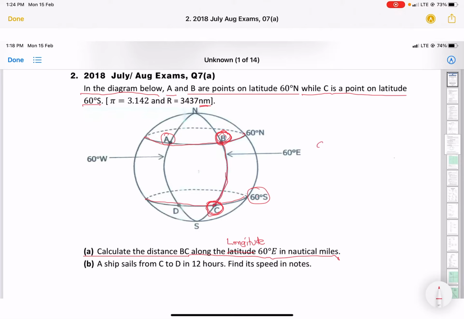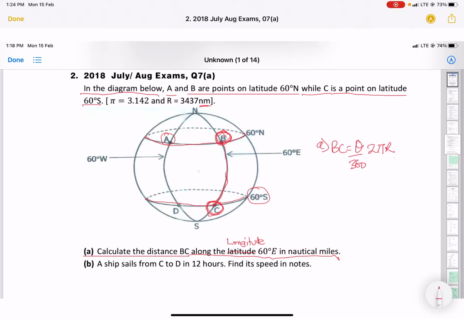So the formula we use is BC is equal to theta over 360, then 2 pi r, where theta is the difference in latitude.